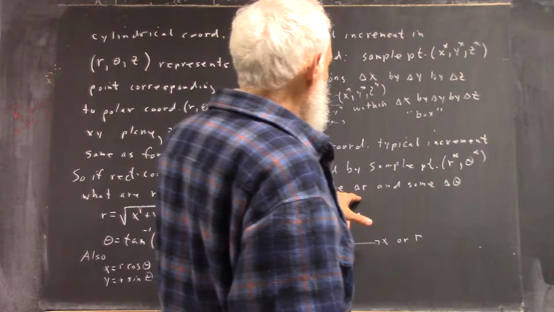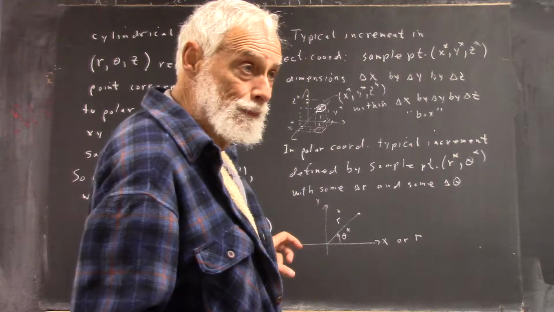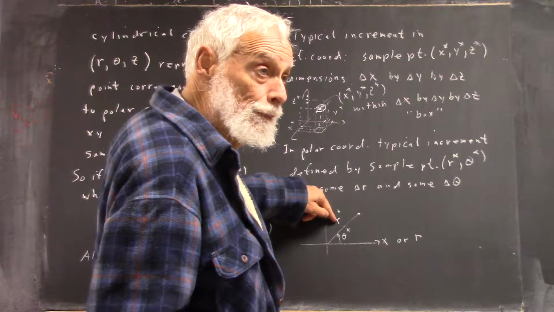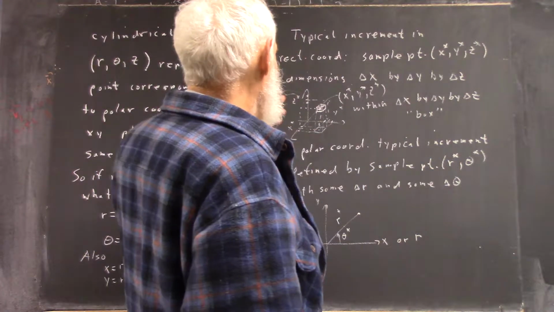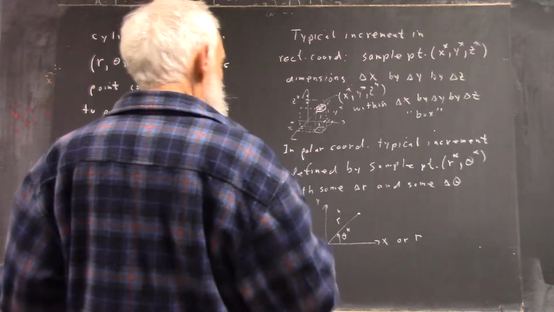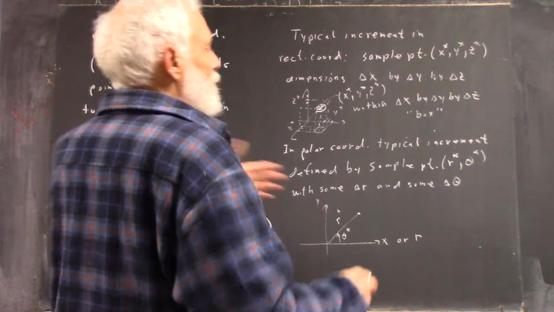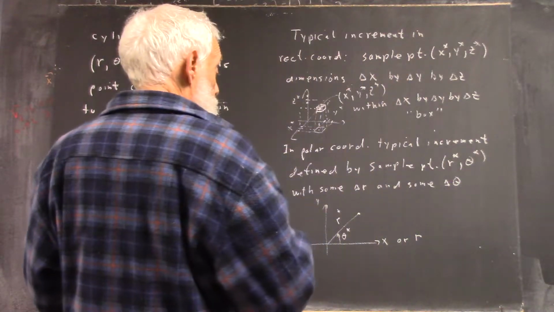And delta r is some r interval that contains r star. I say with some delta r and delta theta, but of course this point will be within the corresponding increment.